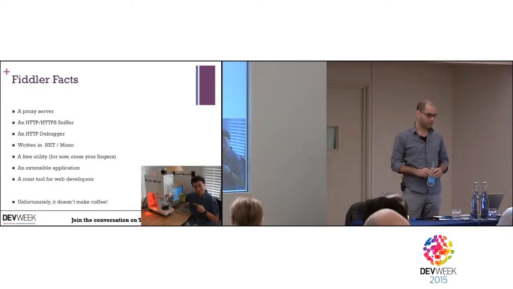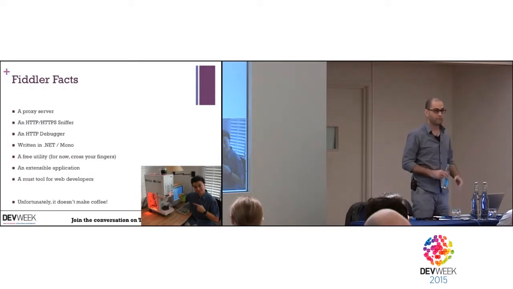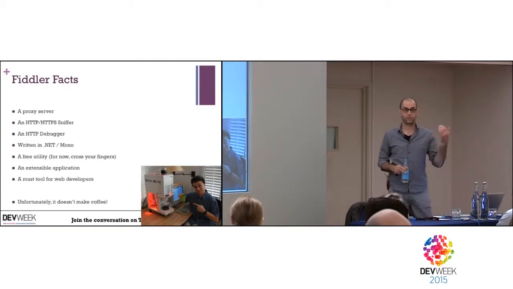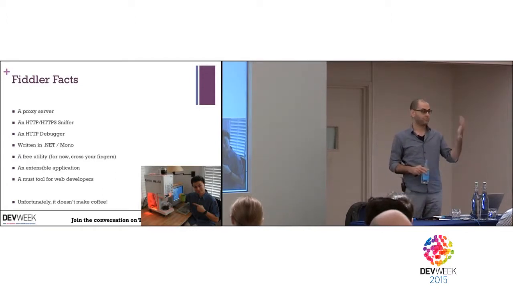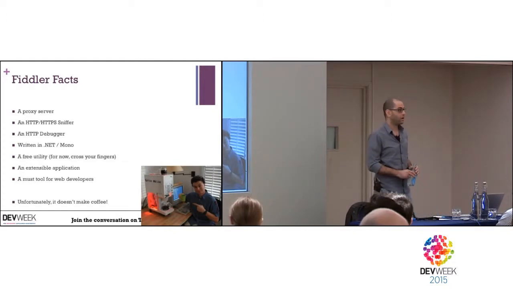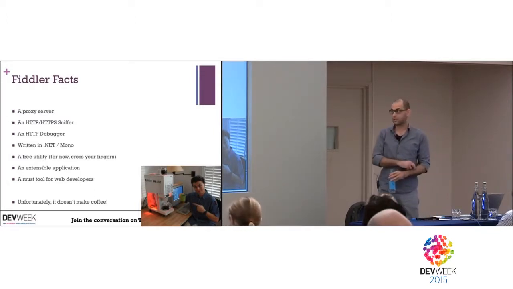So a bit about Fiddler, just so we'll get to know what this tool allows us to do. So first of all, Fiddler basically, it's a proxy server. Every request you send from a browser goes through that server, and Fiddler just takes that request and pushes it to the server and shows you the response. Just like the old times where we had a proxy server that stores content, this is a proxy server that shows you the content of both requests and responses.